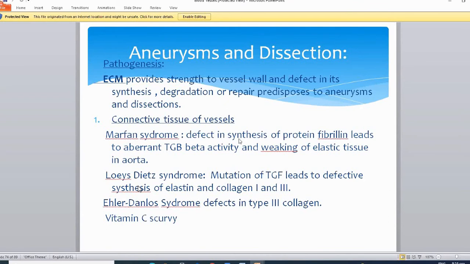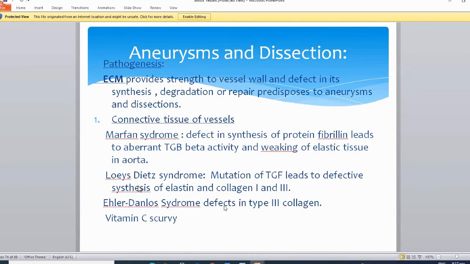Marfan is a defect in the protein fibrillin. This defect leads to aberrant transforming growth factor beta activity and weakening of the elastic tissue in the aorta. Loeys-Dietz syndrome has a mutation of TGF, transforming growth factor, and this leads to defective synthesis of elastin and collagen types 1 and 3.